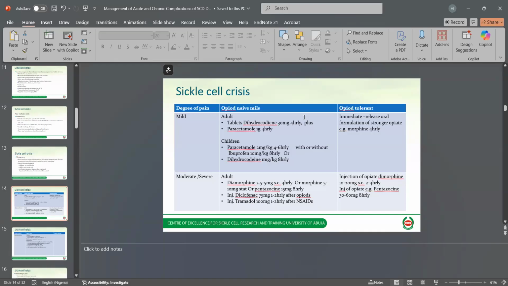We have the Wagner-Berger tool, and then the pain can be classified as mild, moderate, or severe, or the pain can be scored from 0 to 10, where 0 is no pain, and 10 is the severest form of pain.